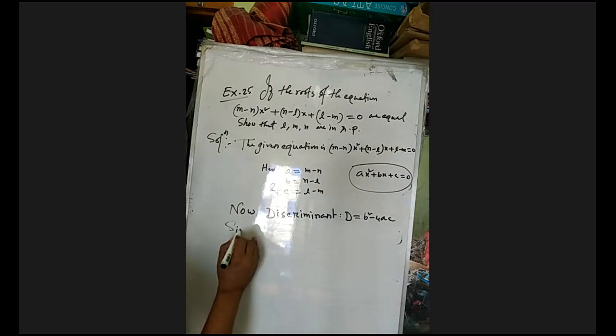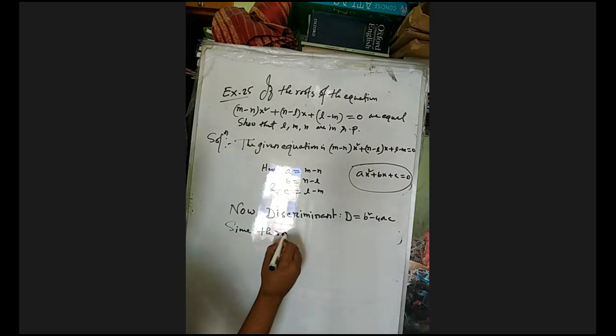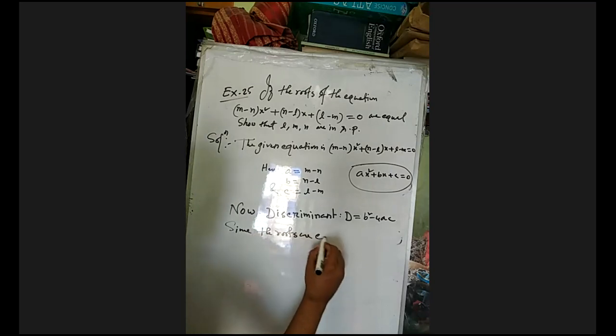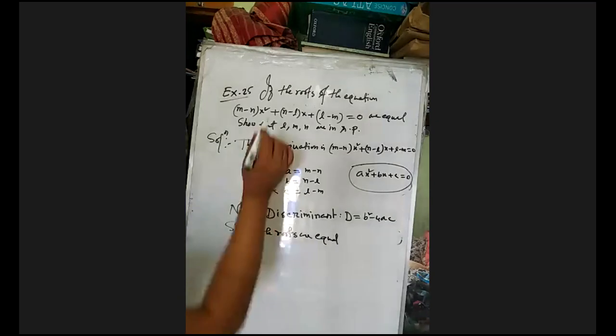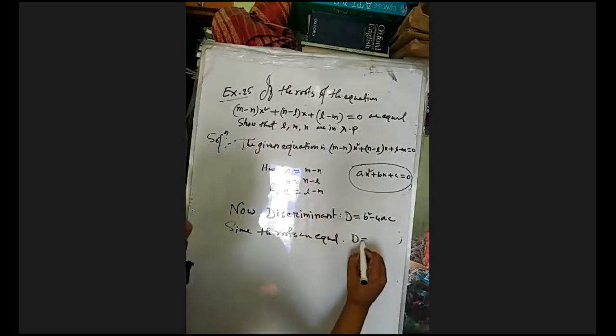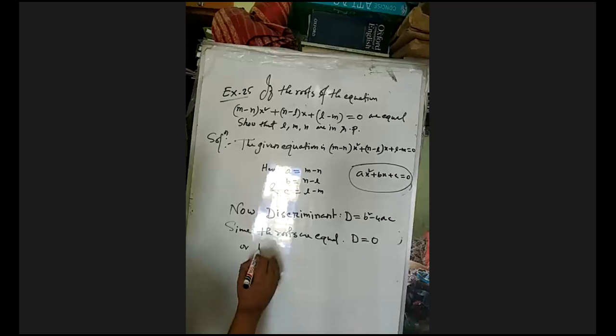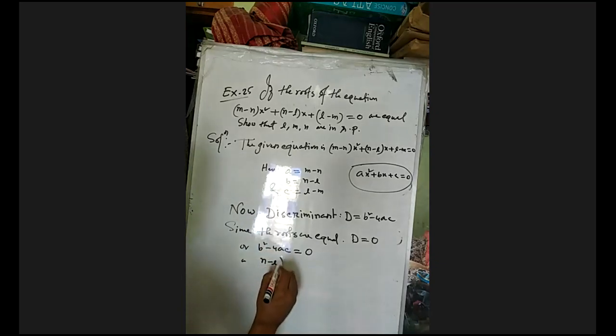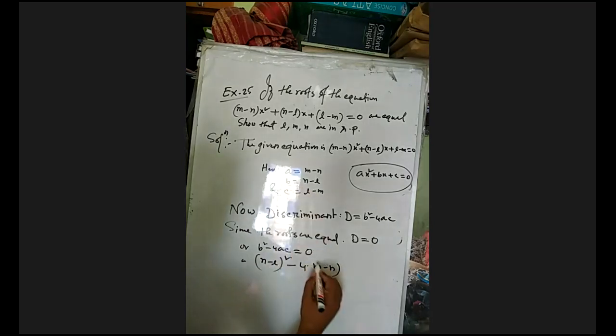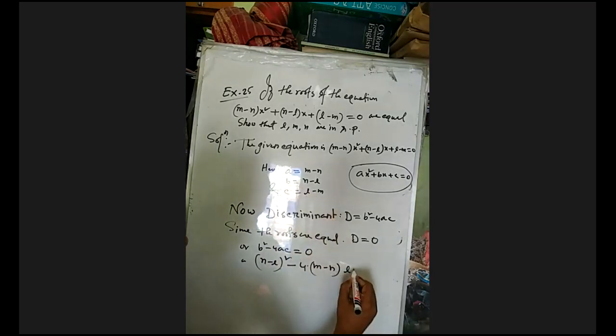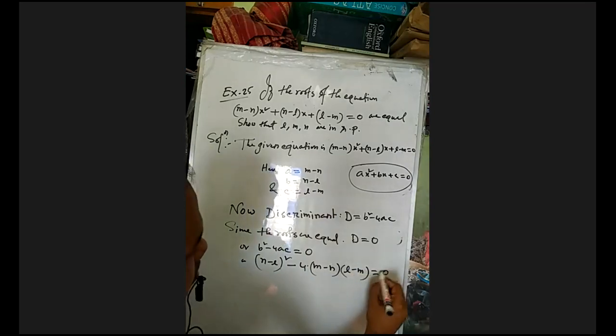Since the roots are equal, this is the given condition, the discriminant d equals 0. That is, b square minus 4ac equals 0, or (n minus l) whole square minus 4 (m minus n) (l minus m) equals 0.